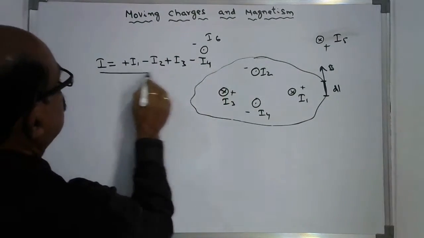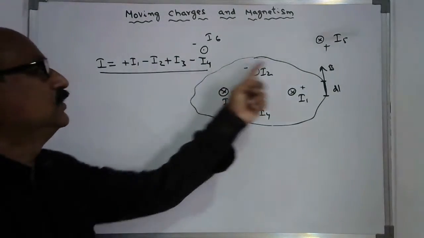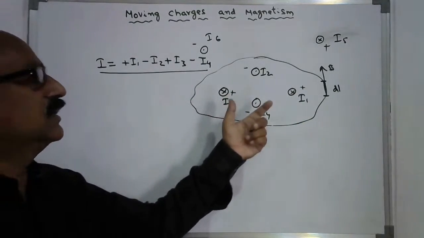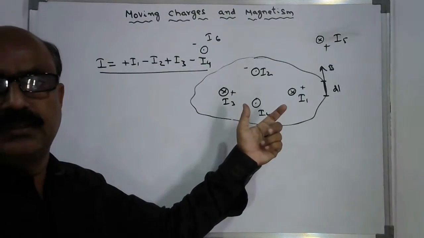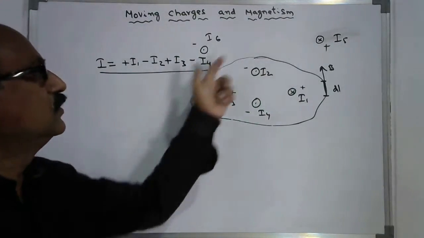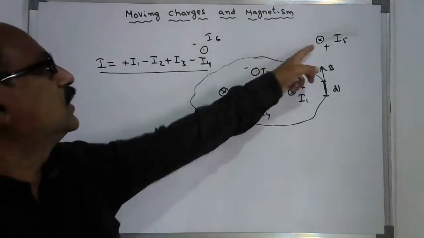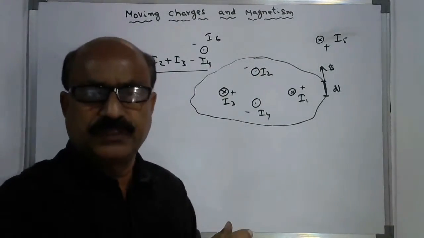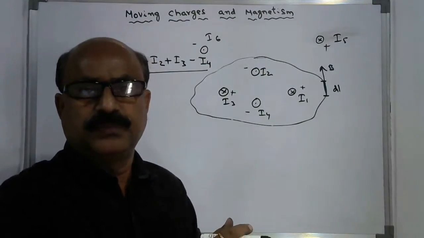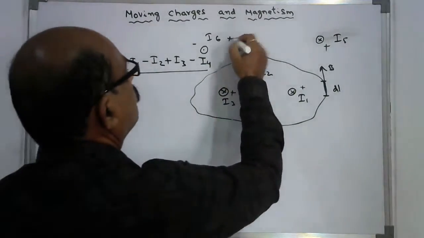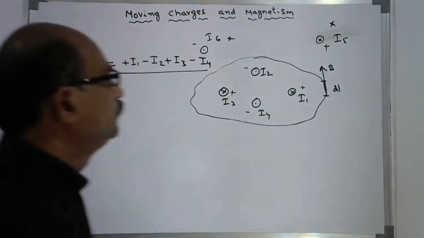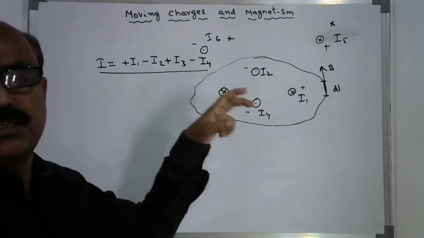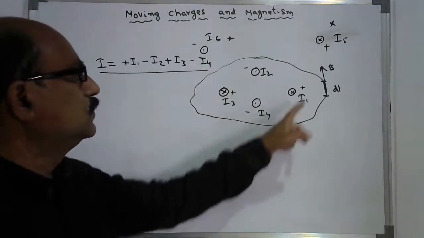So this is the net current produced here. So that is what I told, net current enclosed in that particular closed circuit. And these two currents are out of this closed circuit. They will not be taken into consideration. So we will take only the currents which lie inside the closed circuit.